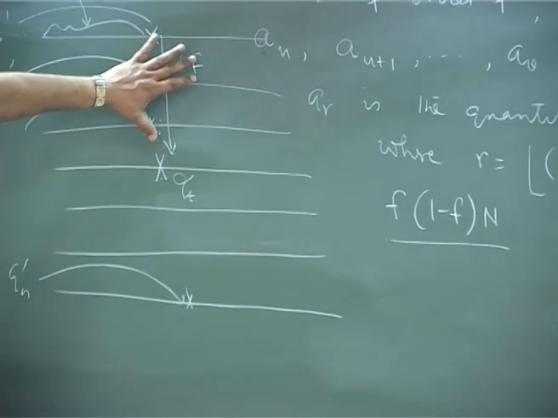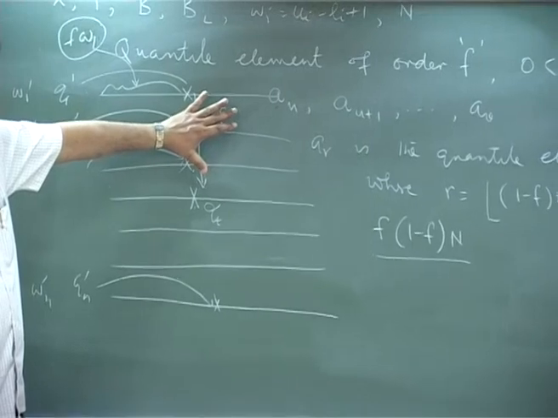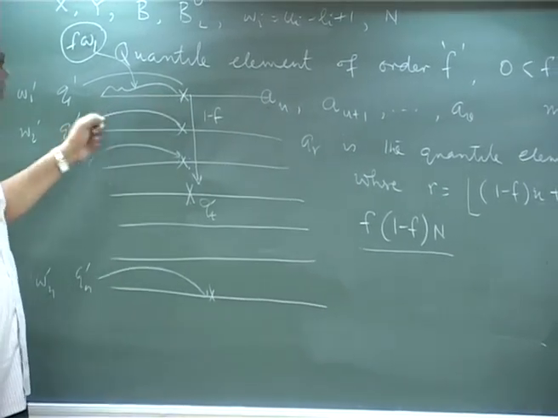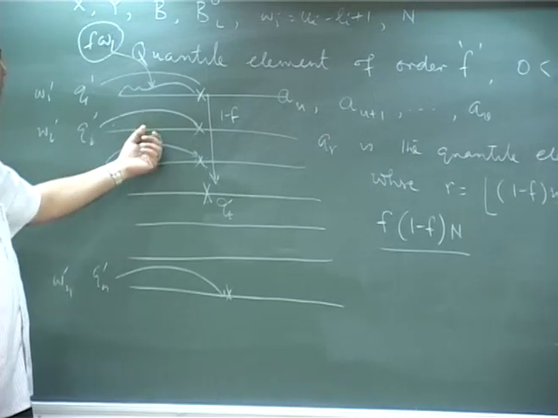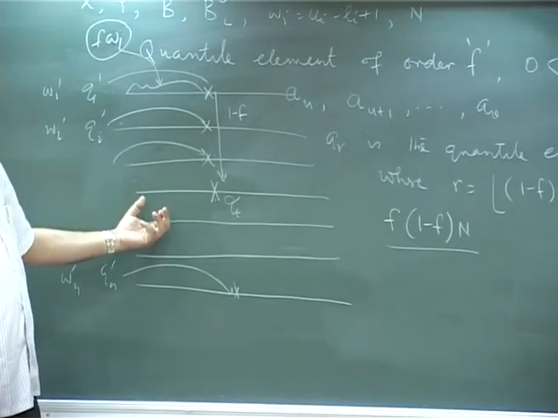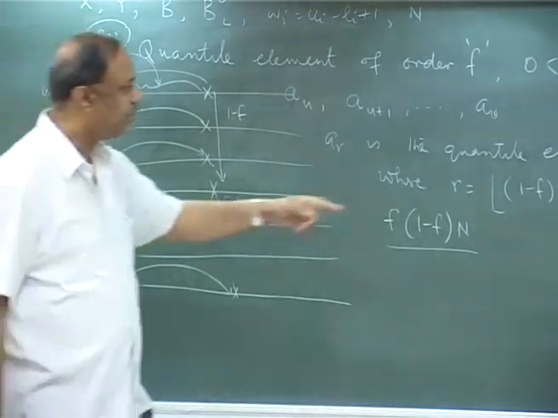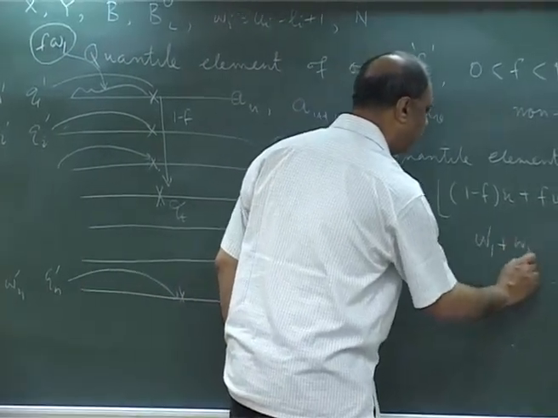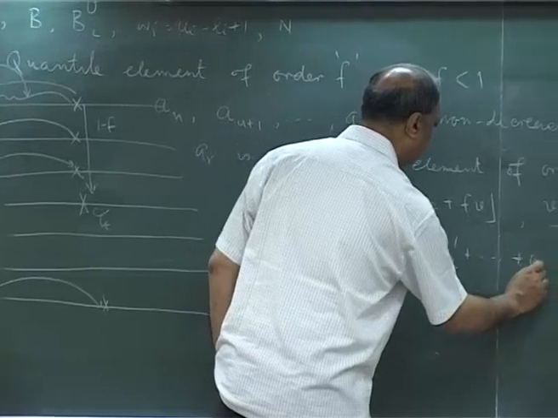This is 1 minus f, and these are w1, w2, w3. So what I am doing here is w1 plus w2 dash, up to wt dash.